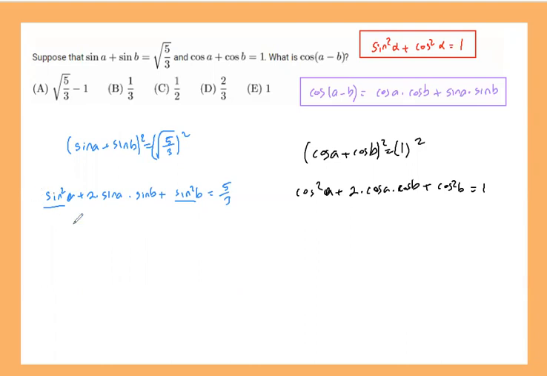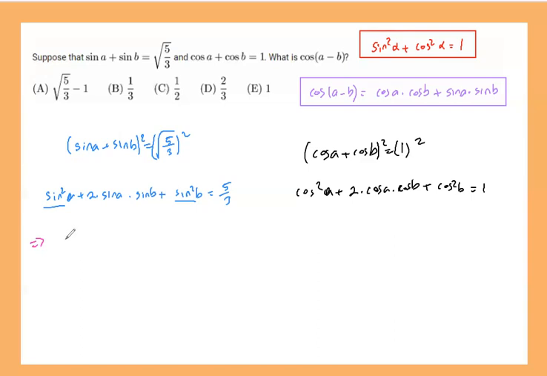Now I'm going to add these two. Why? Because if I add these two equations, I will get sine squared A and cosine squared A, which add up to 1, and then sine squared B and cosine squared B, which is also another 1. That is helpful, so let's go ahead and add these.